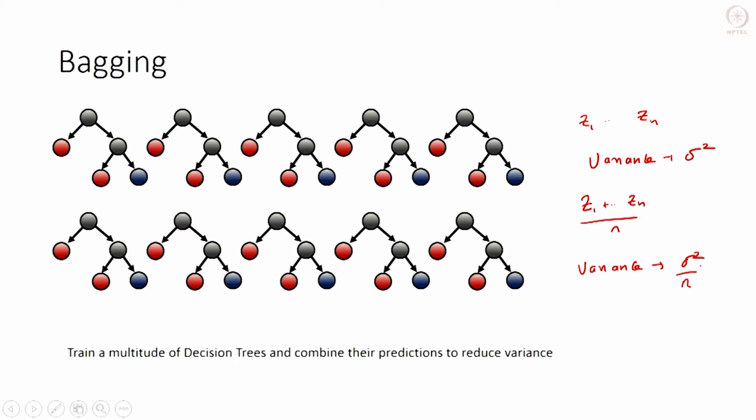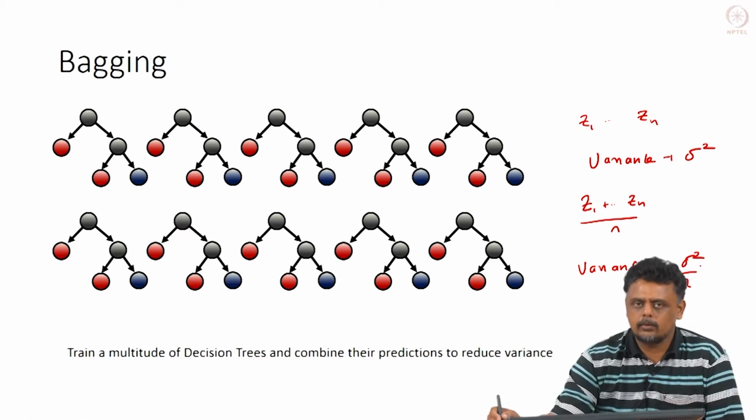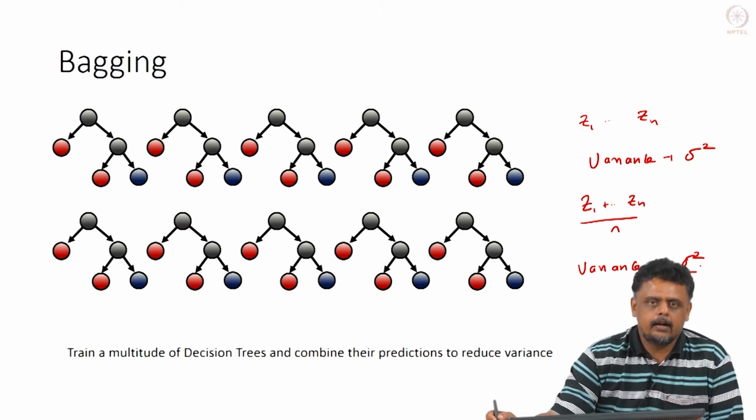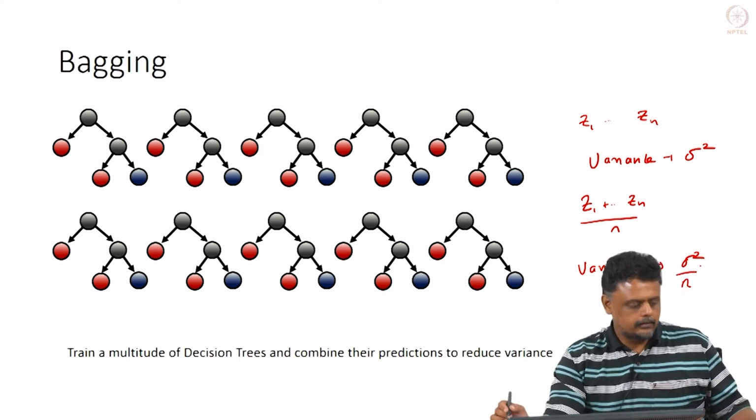So, as you increase the number of data points, the variance on the mean comes down. That is the concept that is exploited with bagging. You train a lot of trees on a given data set and you take the average of these predictions if you are training regression trees, or you combine the predictions for classification some way or the other.